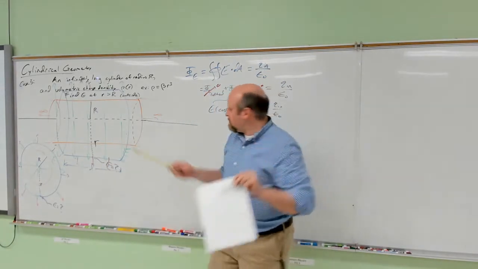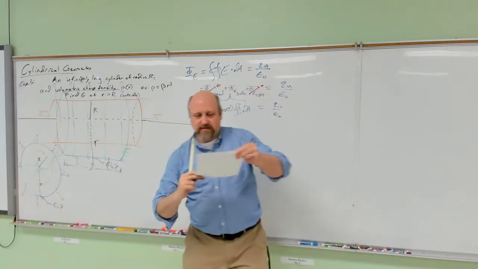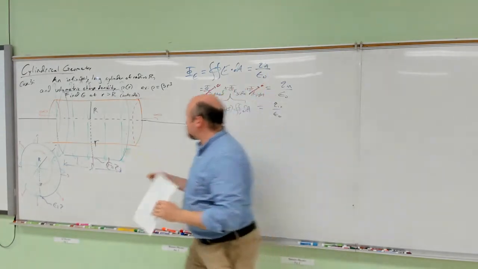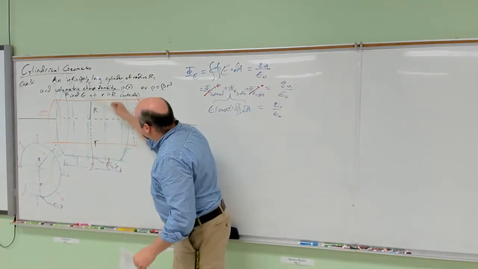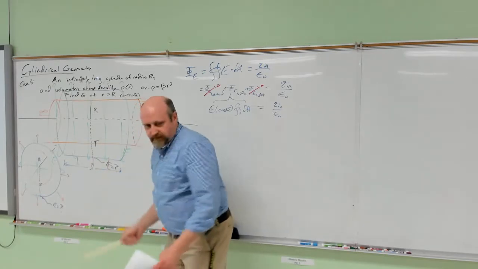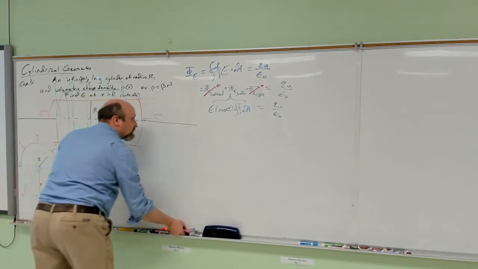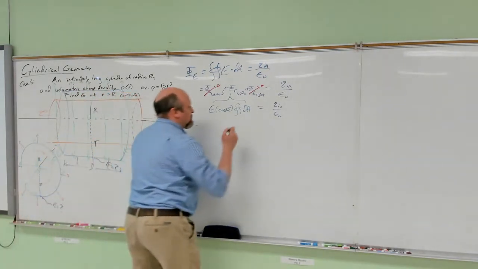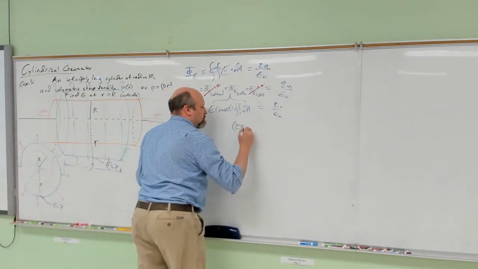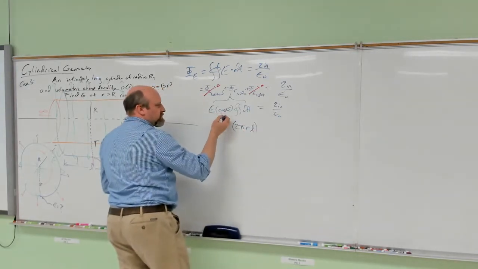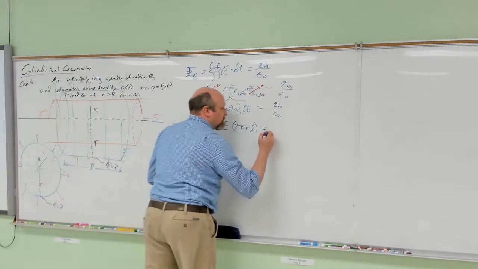And this here is the distance around, which is just the circumference of the bubble, 2 pi little r. So my area, length times width, is just going to be 2 pi r L. And cosine is just 1, put E.